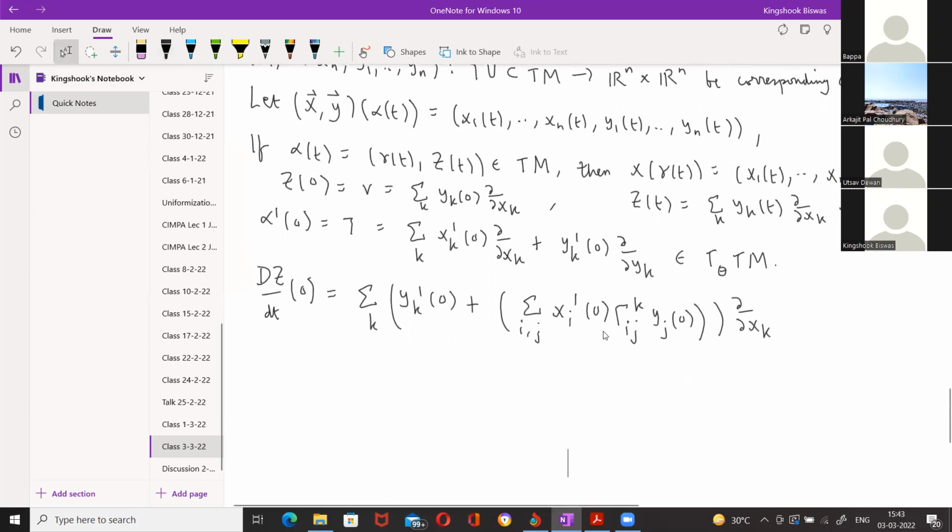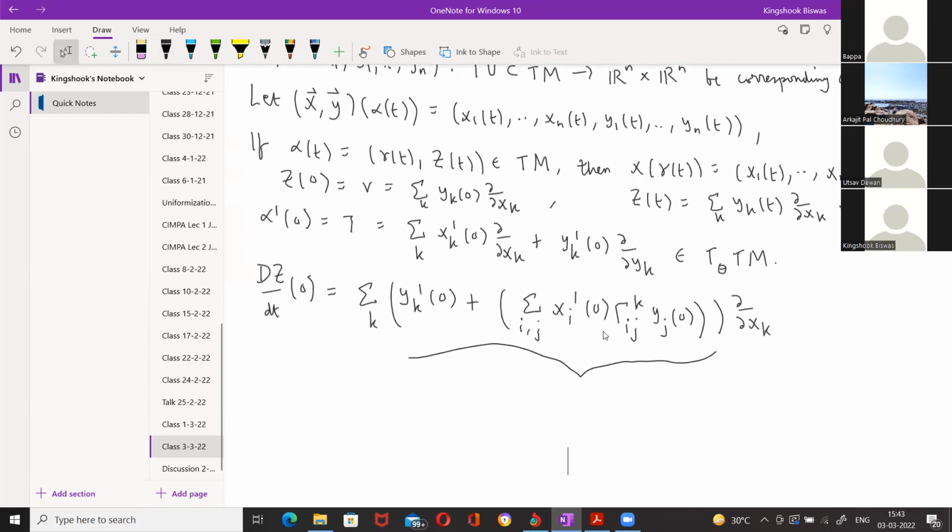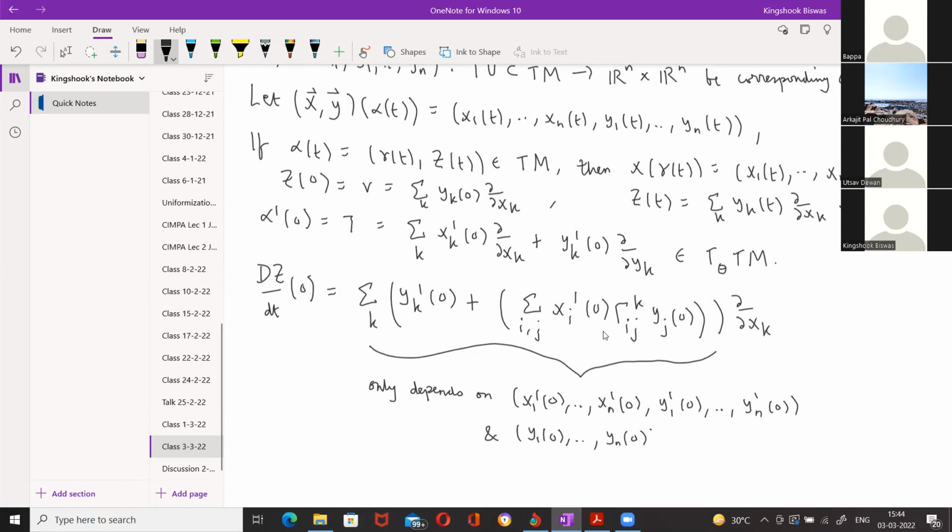So this thing, what you can see, this only depends on the vector x1 prime 0 up to xn prime 0 and y1 prime 0 up to yn prime 0, and on the vector y1 0 up to yn 0, right? Yes?